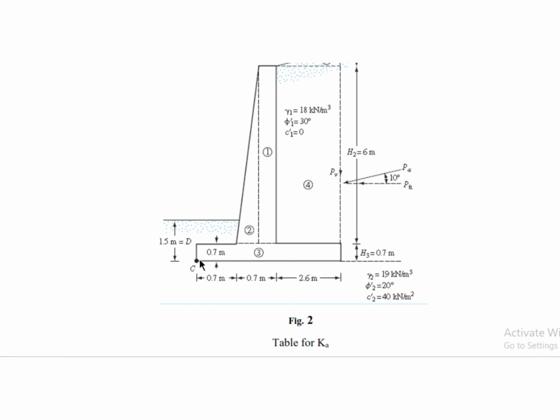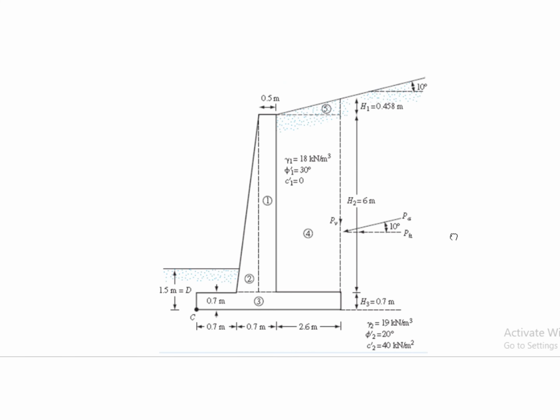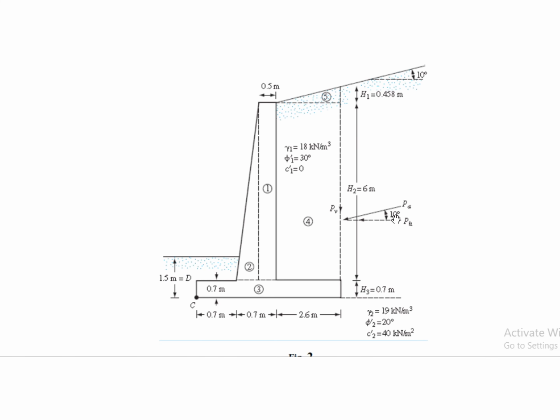Is it the heel or the toe? And then the force is pH, the horizontal one. This is a triangular distribution, so assume it to be acting at h over 3, just like we've done before.